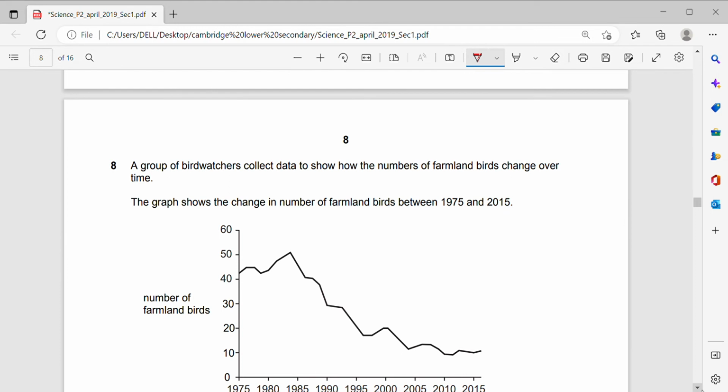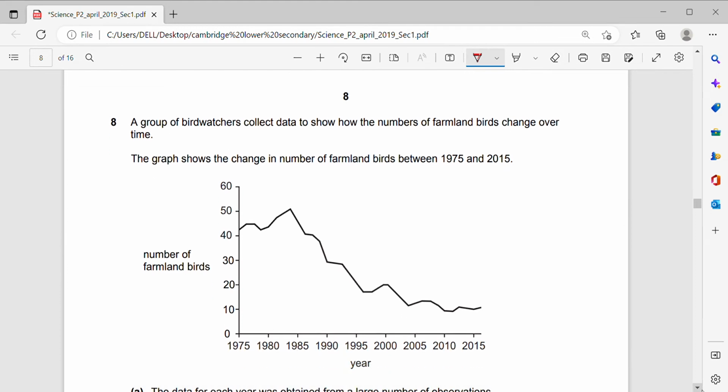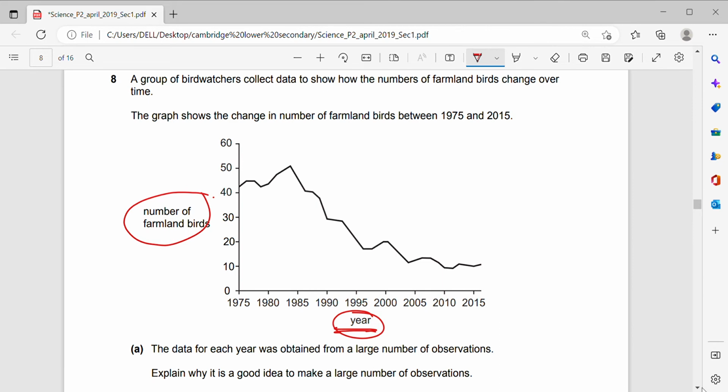Question 8. A group of bird watchers collect data to show how the numbers of farmland birds change over time. The graph shows the change in number of farmland birds between 1975 and 2015. يبقى هنا ده a data graph.